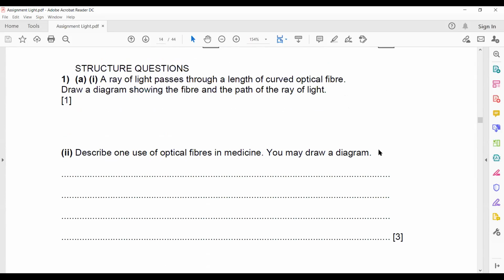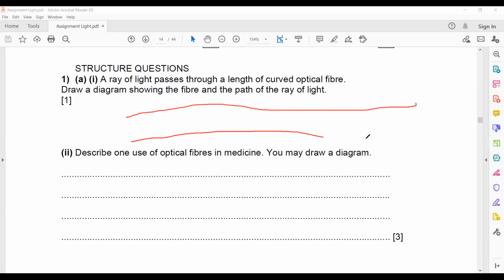Draw a diagram to show the fiber and the path of the ray. So this is the optical fiber, and show the path. When you show the path, total reflection will be there, but minimum, do not show multiple reflections.